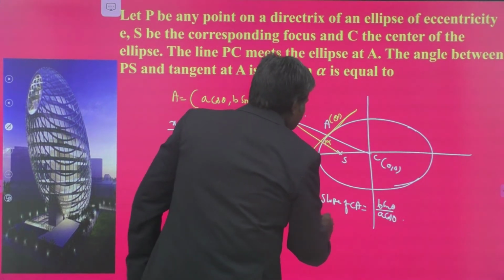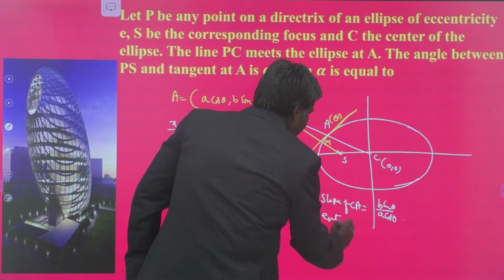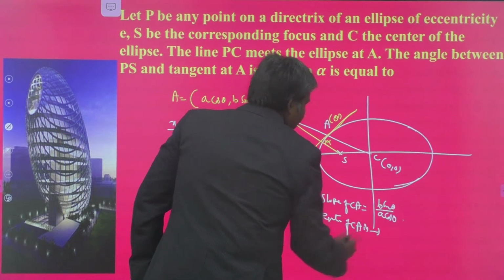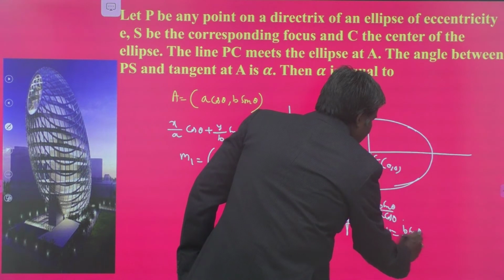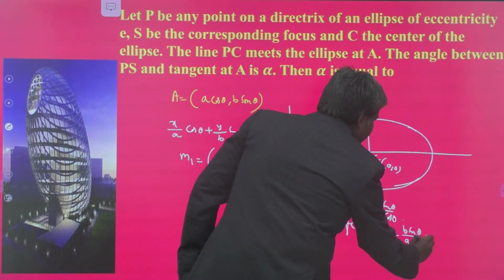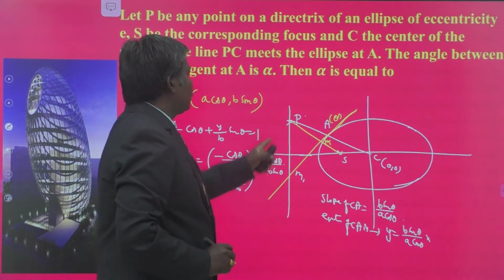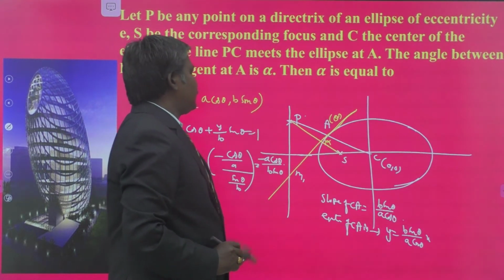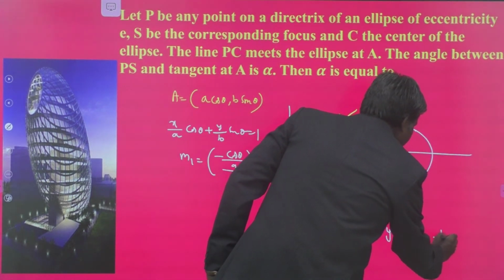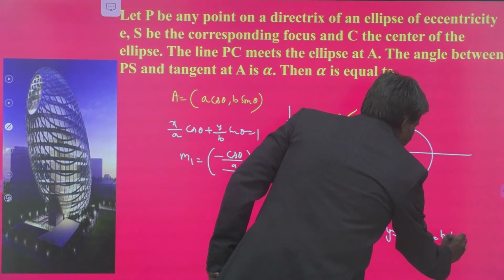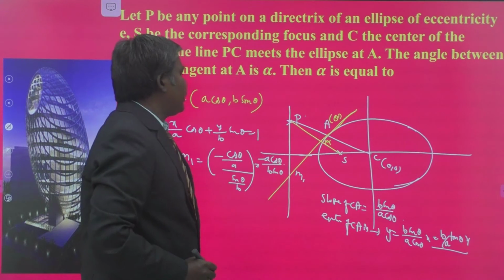Therefore, the equation of CA is y equals b sin theta by a cos theta into x. This is the equation of CP itself, that is y equals b by a tan theta into x.